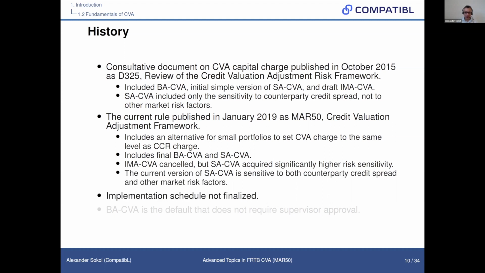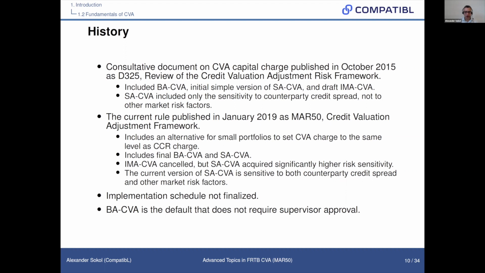All right, the implementation schedule is not finalized again, so I will not venture into a guess here, but clearly it is still some time away. And a final comment here is that for the market risk that we talked about yesterday, the standardized approach does not require supervisor approval. The internal model approach does. For CVA, it's the basic approach that does not require supervisor approval, and the standardized approach does.